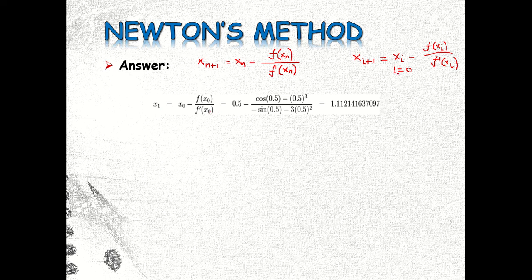And our initial guess, when i is equal to 0, x sub i is equal to x sub 0, where x sub 0 is the first approximate value. What did we use? I think we use 0.5 here. So that's why we have 0.5 here. Then substituting this, you get this result.